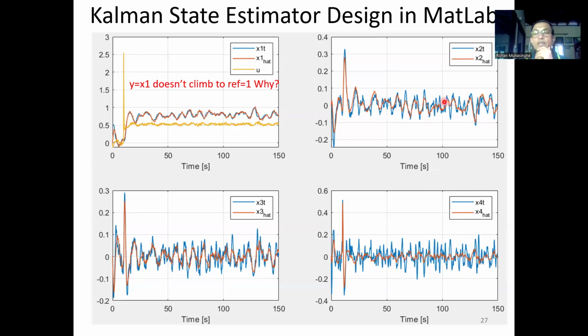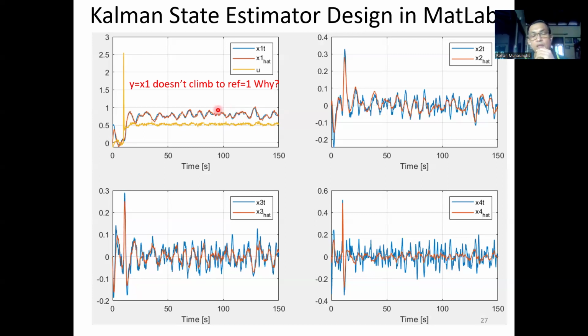This is x2, the second state variable, then third and fourth, the four-state vector. All of the states are reasonably estimated by the Kalman filter. That's one observation, particularly the first one. The error of the first state variable, which means the difference between the Kalman filter estimate and the true value, is very small.